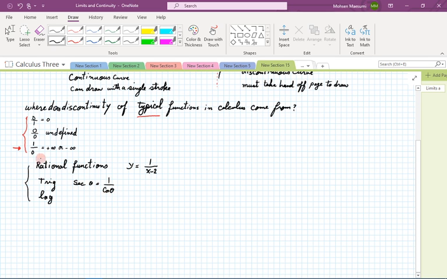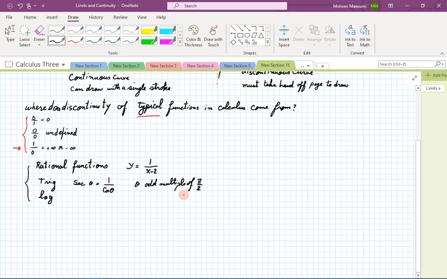So you are doing division by 0 again, and your function is going to have a vertical asymptote. So if theta is an odd multiple of pi over 2, then we are going to have a discontinuity.